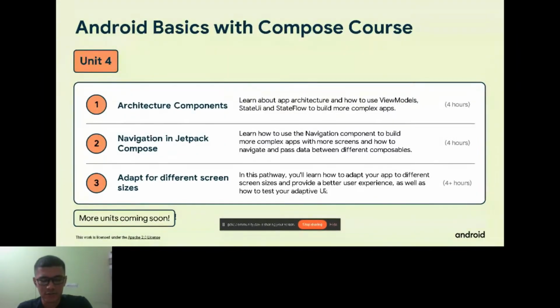And then third is adapting your Android applications to different screen sizes, because the Android operating system is on many devices whose height and width vary. So you can learn to make your user interface adapt to that particular Android device.